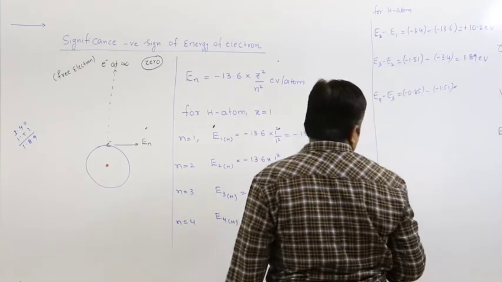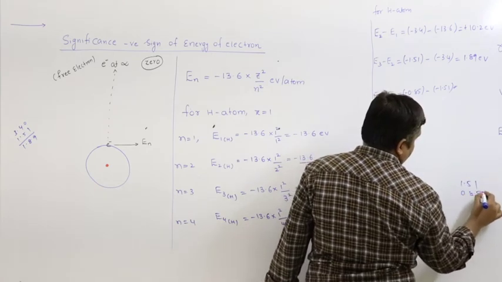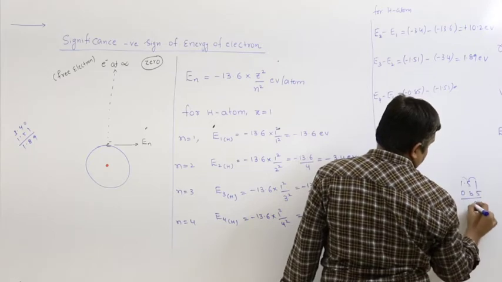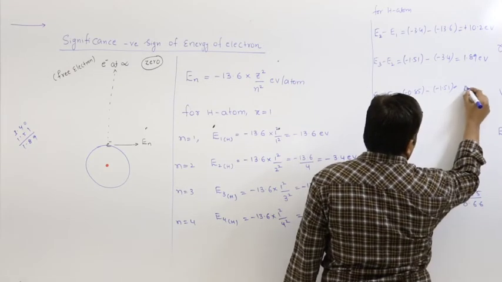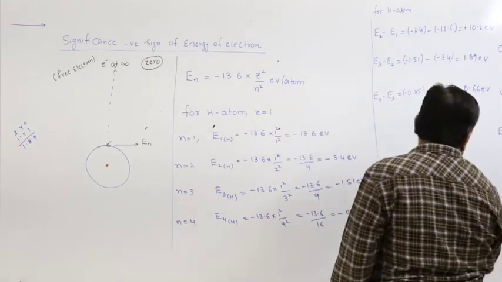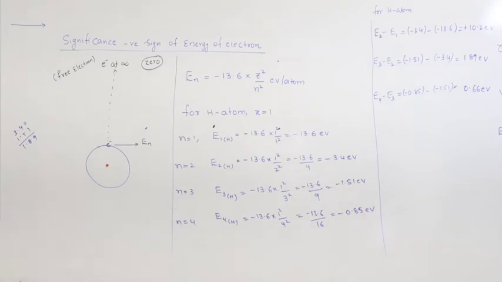And the next one, that is 1.51 minus 0.85, gives 0.66 electron volt. So why are we calculating this? Let us try to understand a few points.